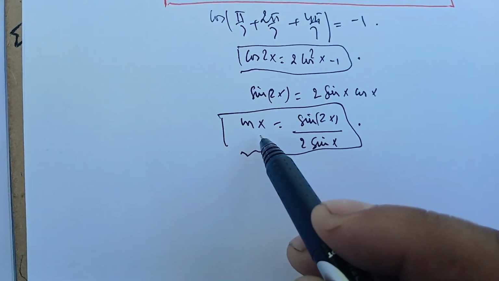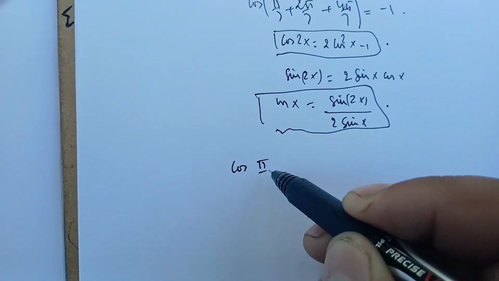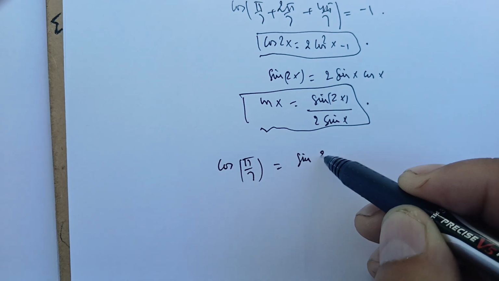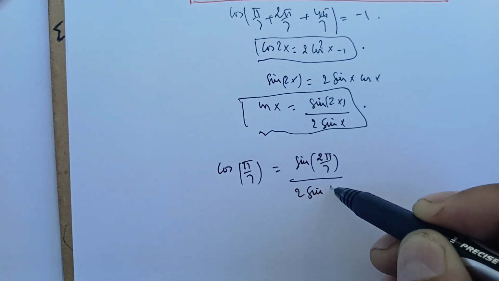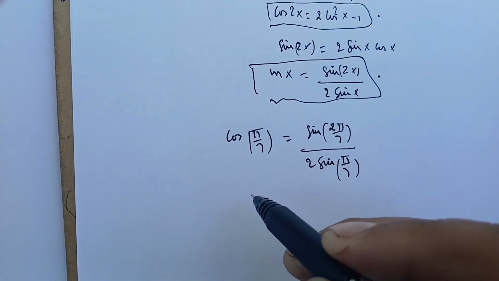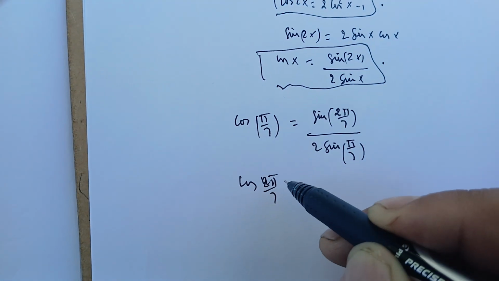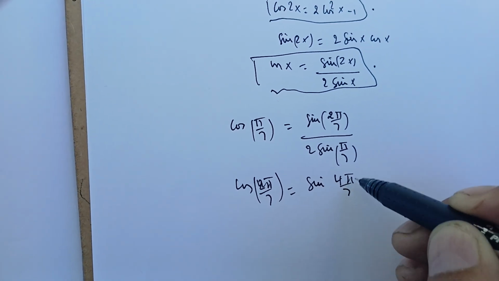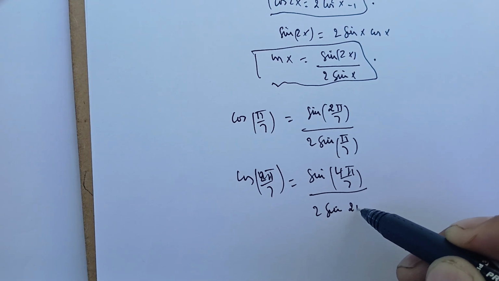According to this formula, cosine pi over 7 is just sine 2 pi over 7 over 2 sine pi over 7. The cosine of 2 pi over 7 is the sine of 4 pi over 7 over 2 sine 2 pi over 7.